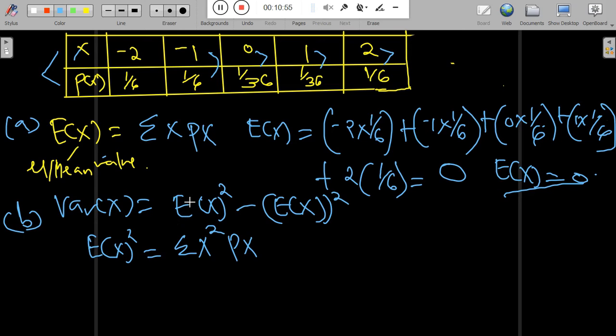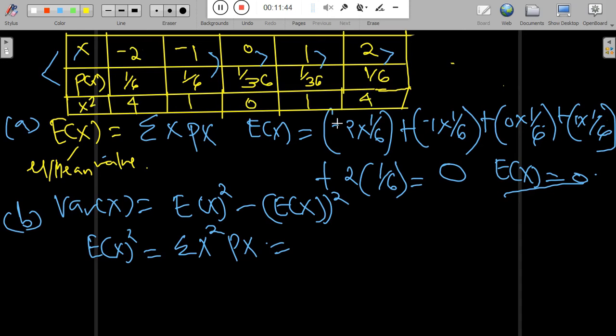In order to find the expectation of x squared, we need to develop another table of x squared, and we multiply the values of x squared by the given probabilities above. So when we add another table, it will be x squared. We take -2 times -2, that is 4, -1 times -1, that is 1, 0 times 0, 0, 1 times 1 is 1, and 2 times 2 is 4.